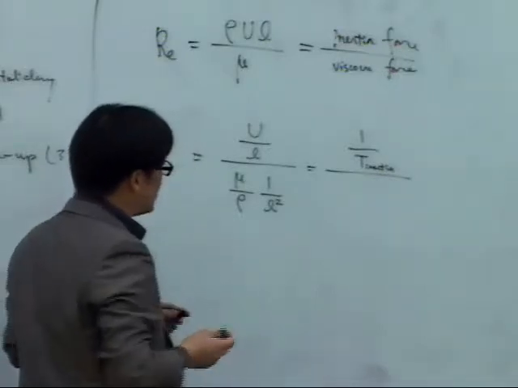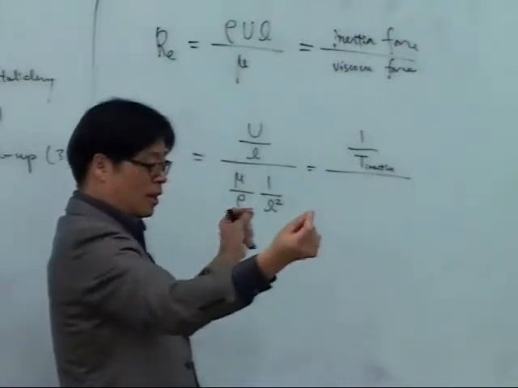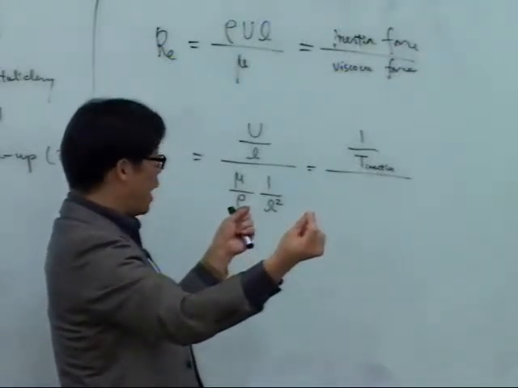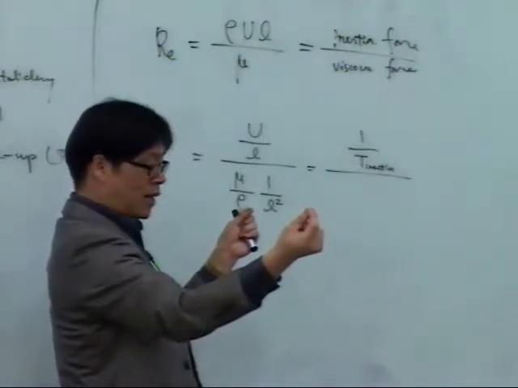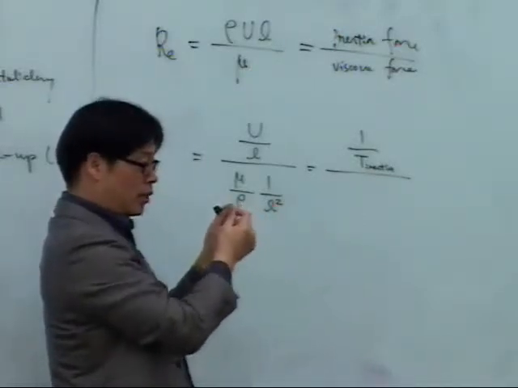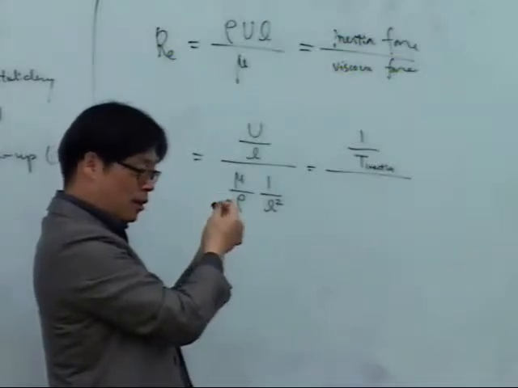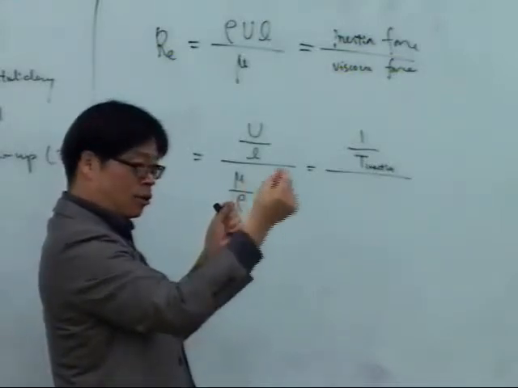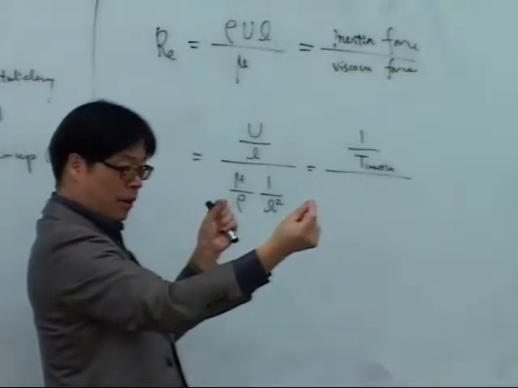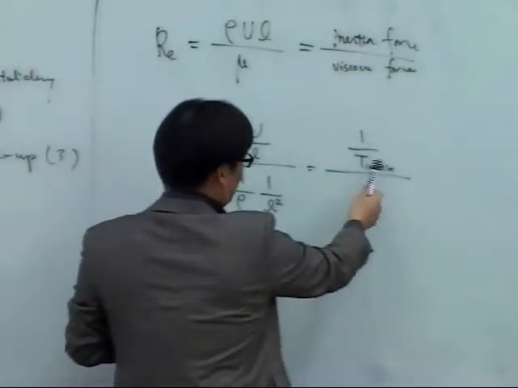T inertia is nothing but L divided by U, meaning that if you have a body whose length is L, then L divided by U is the time it takes for a fluid particle to move from the front of the body to the rear of the body, right? That's why I said this is T inertia.